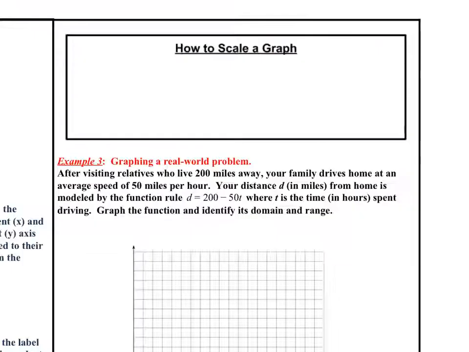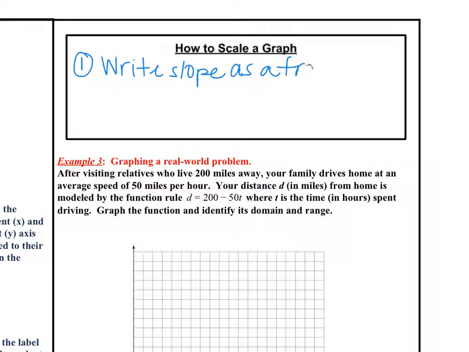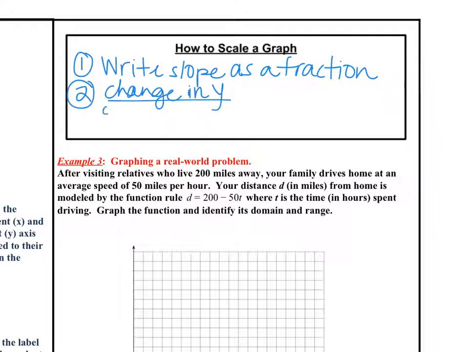That's what that means. First thing I need you to do, step 1, be with me please, write your slope as a fraction. Second thing to think about, after you have the fraction, your change in y over change in x gives you the scale.